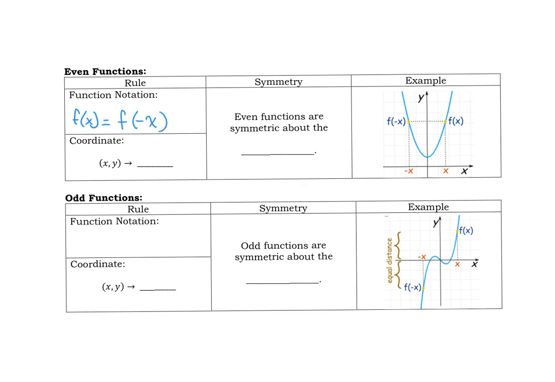So if I put a 2 and a negative 2, I'm going to get the same y result. And these things are symmetric around the y-axis.